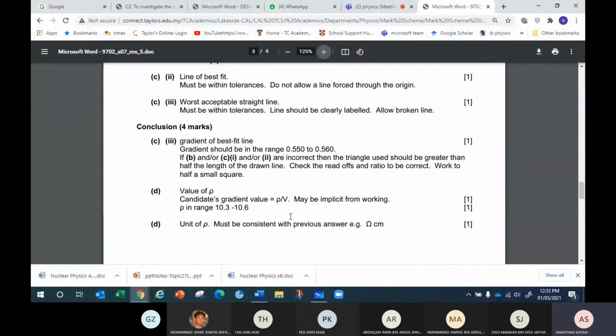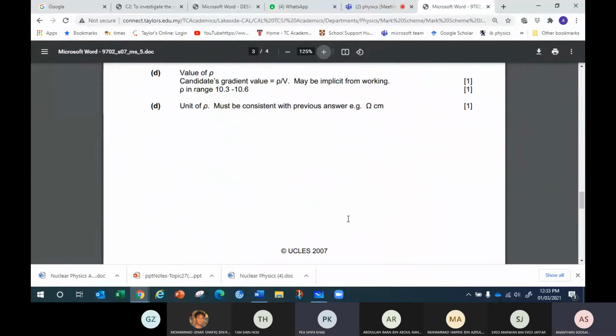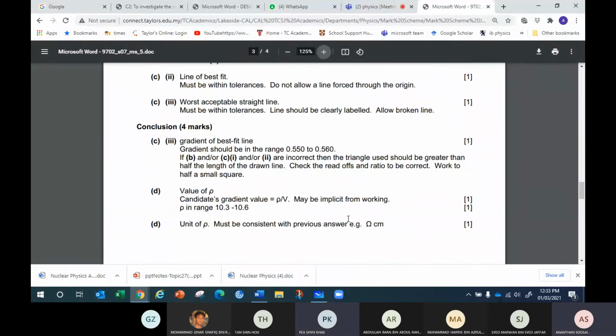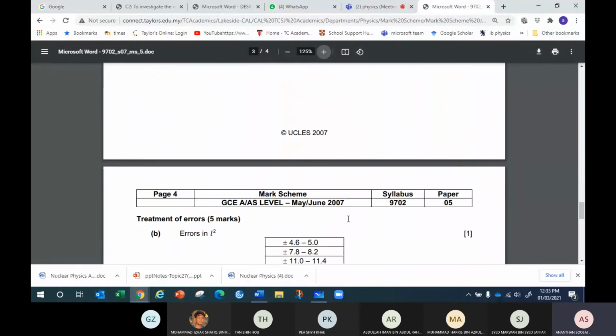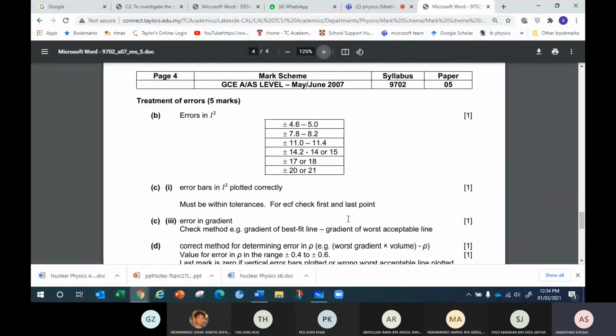If your data is wrong, it should be error carried forward, ECF. But you can expect that out of 15, you're going to lose around 4 to 5 marks. Not all going to be ECF.